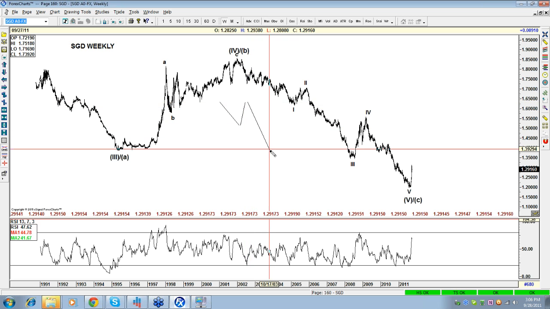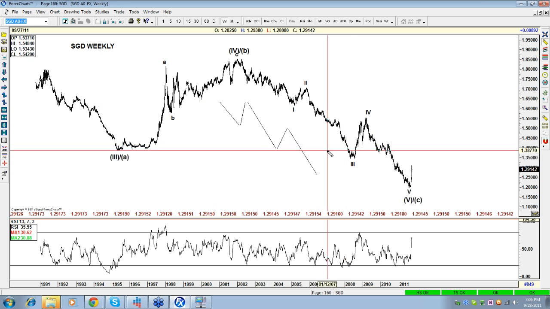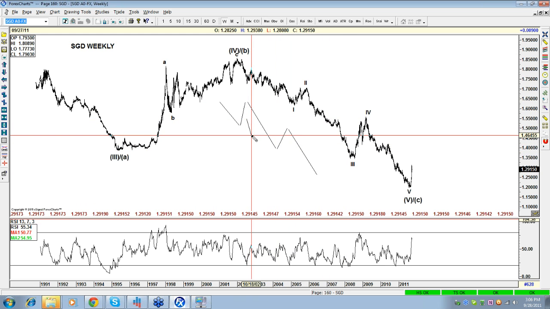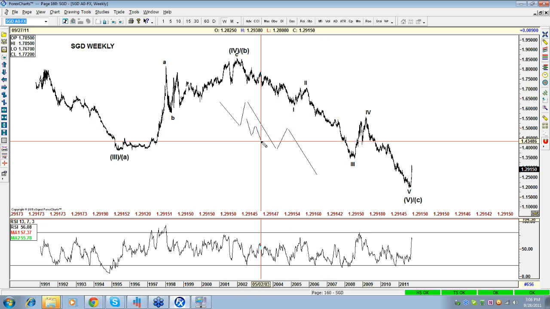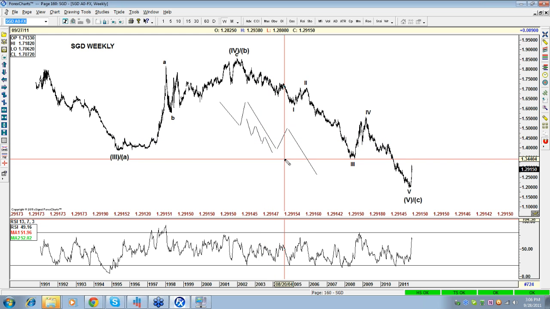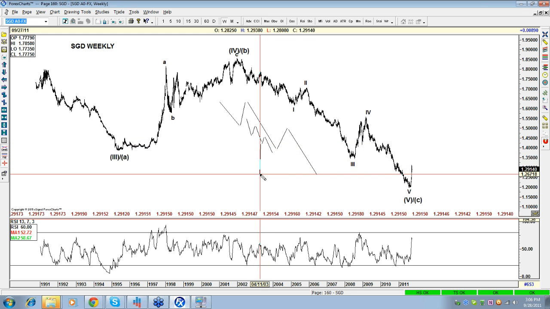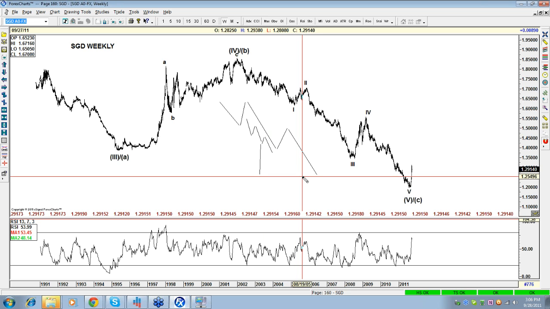In the 5-wave move in the RSI, and we're going to do a video on the RSI reading, somebody requested it, I don't know who it was. Right here, this should be your lowest read on the RSI, the 3 of 3.